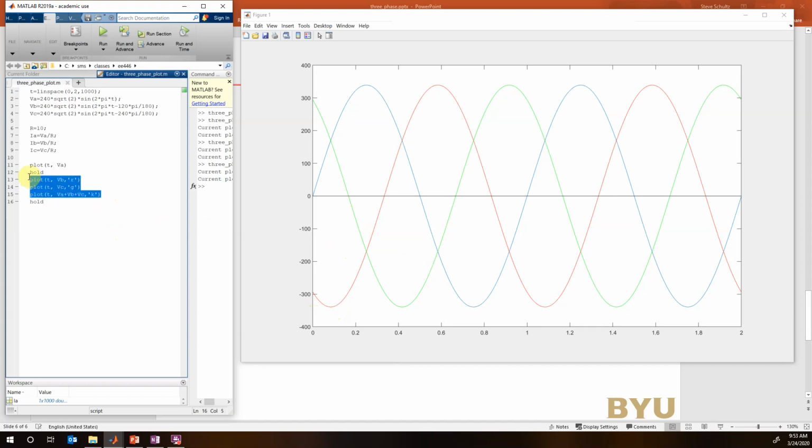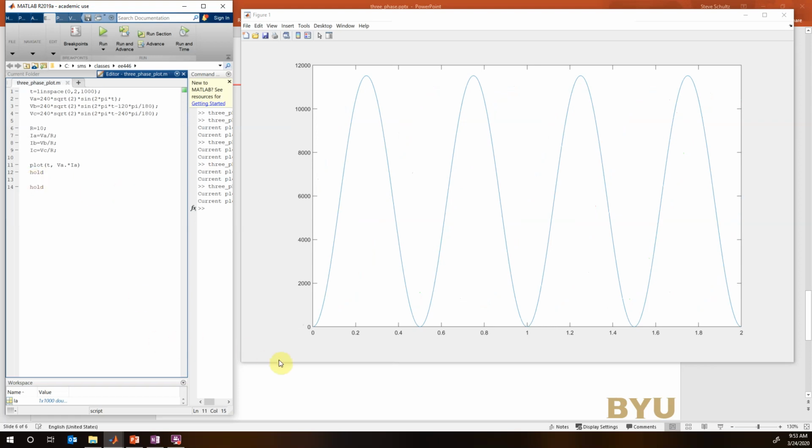Now we want to do the same thing for our instantaneous power. So we're going to multiply this times the IA. And you see here is the instantaneous power. It's basically just a sine squared. So the power is fluctuating up and down because it's an AC signal.